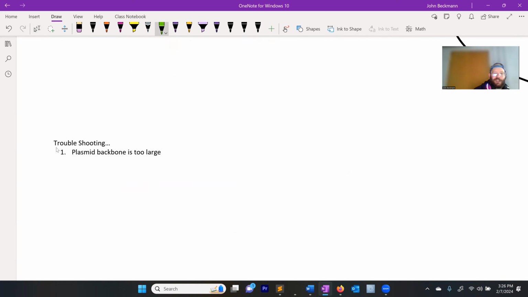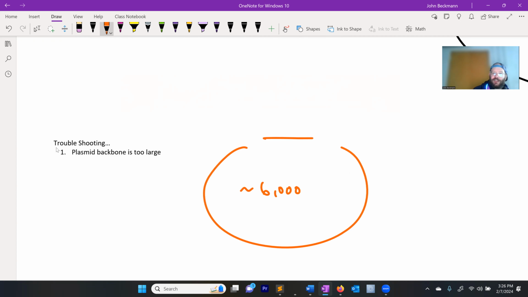I've done probably hundreds of quick change reactions, site-directed mutagenesis reactions. And oftentimes, if you are working with a yeast plasmid, remember, yeast plasmids are bigger, up to about 6,000 bp, and usually if I'm trying to do site-directed mutagenesis in a yeast plasmid, I have not been able to get it to work. So this only works on smaller bacterial plasmids.